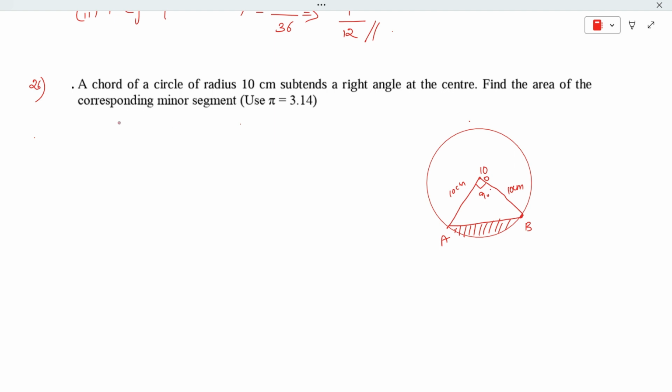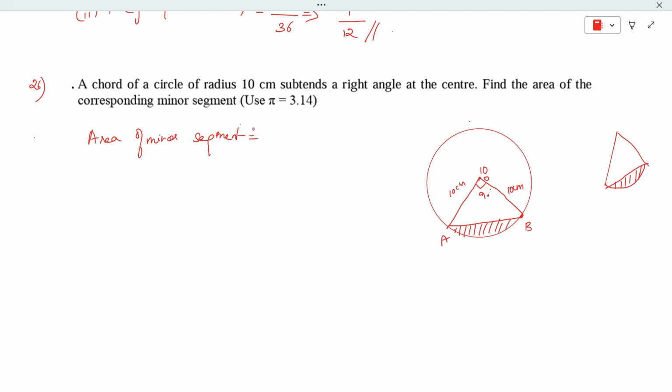In order to find the area of a minor segment, we have a formula. What is the sector? This complete OAB is a sector. From that I have to remove this triangle so that I will get this minor segment.